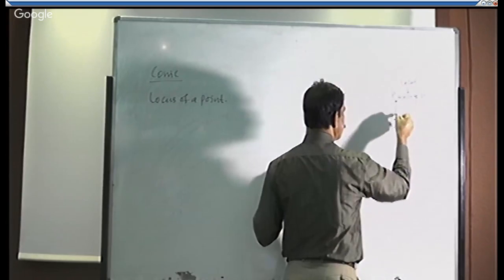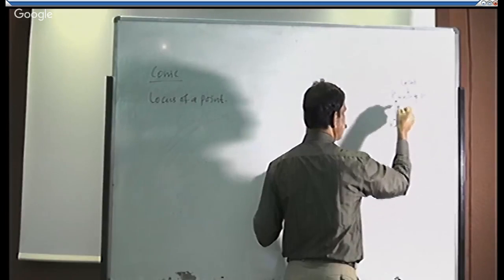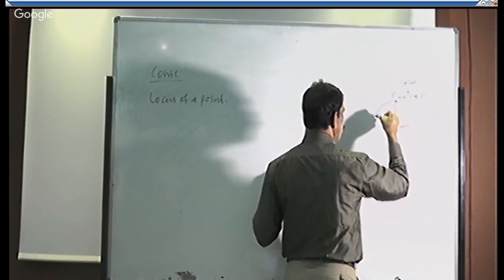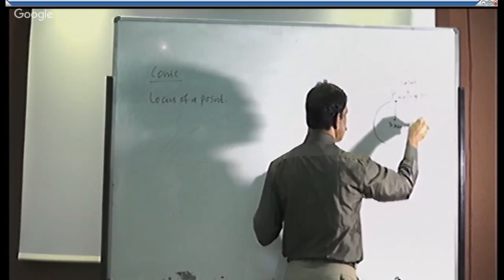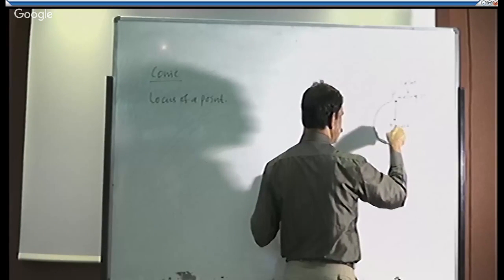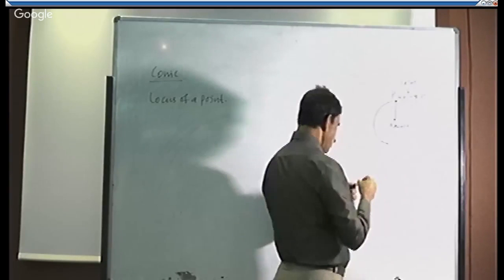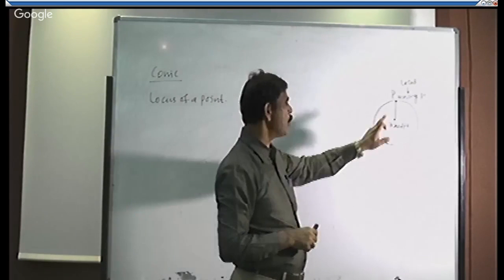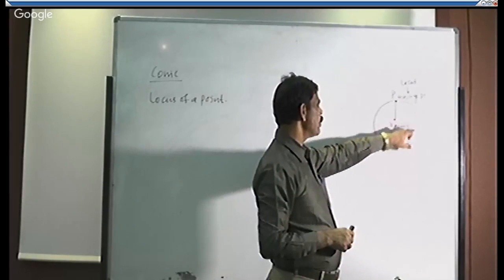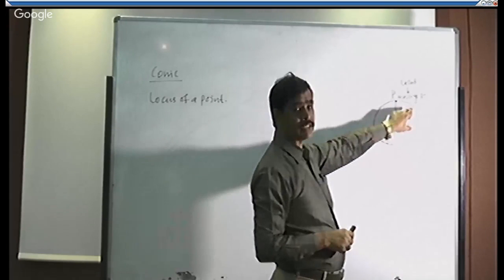This is the fixed point. Moving point is always called the locus. When this distance is always constant, it should move like that only. Isn't it? So what is the path traced by the moving point? The path traced by the moving point is the circle.